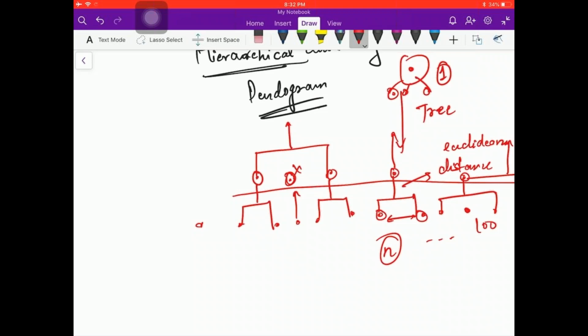One request. Can you send this sheet on which you are drawing on your iPad? Yeah. So this is a OneNote file. If everyone has access to OneNote, I can send that, or otherwise I can convert to PDF and send. Yeah, PDF and then send us. The only problem with PDF is that OneNote has an infinite page space.